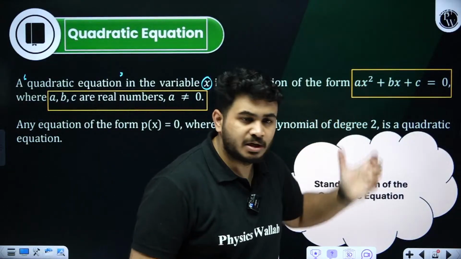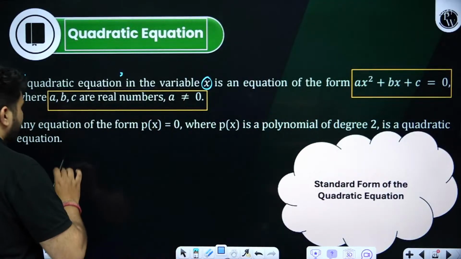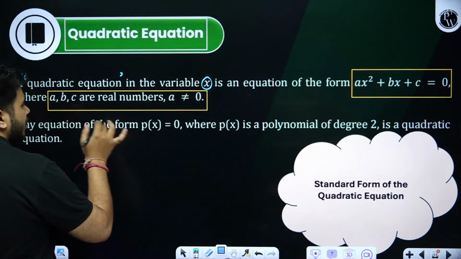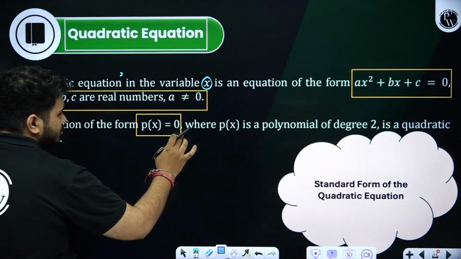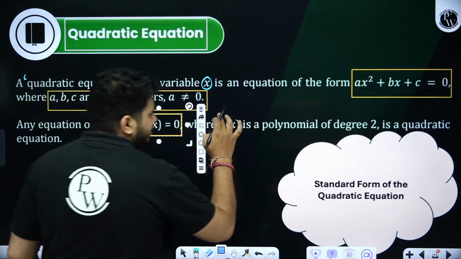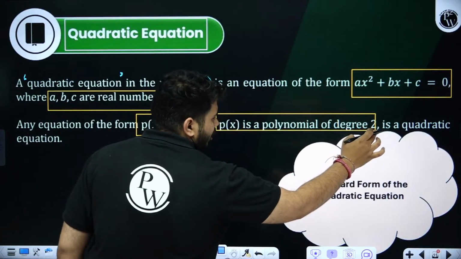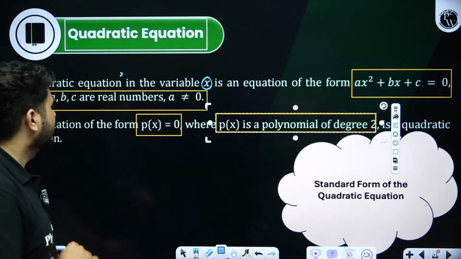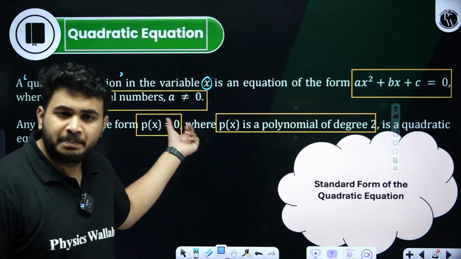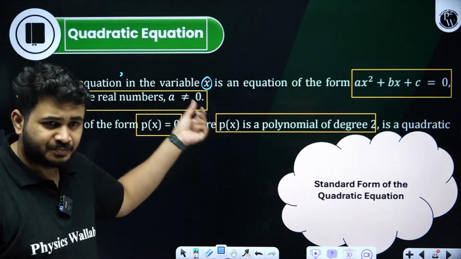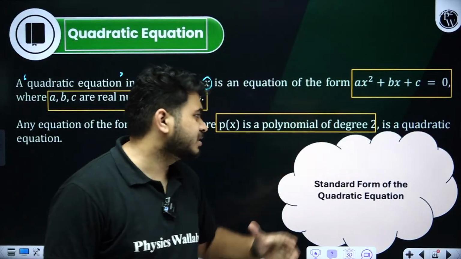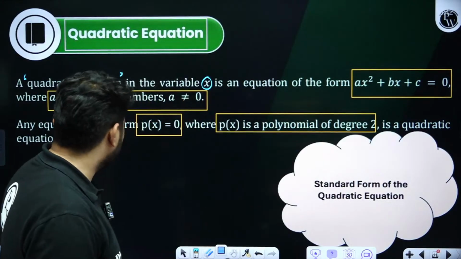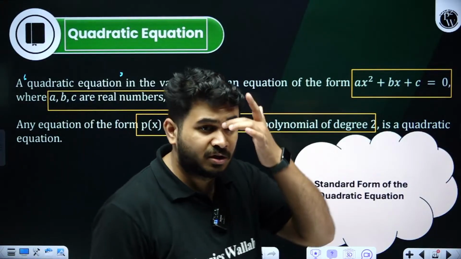An equation of the form p of x is equal to 0, where p of x is a polynomial of degree 2, is called a quadratic equation.